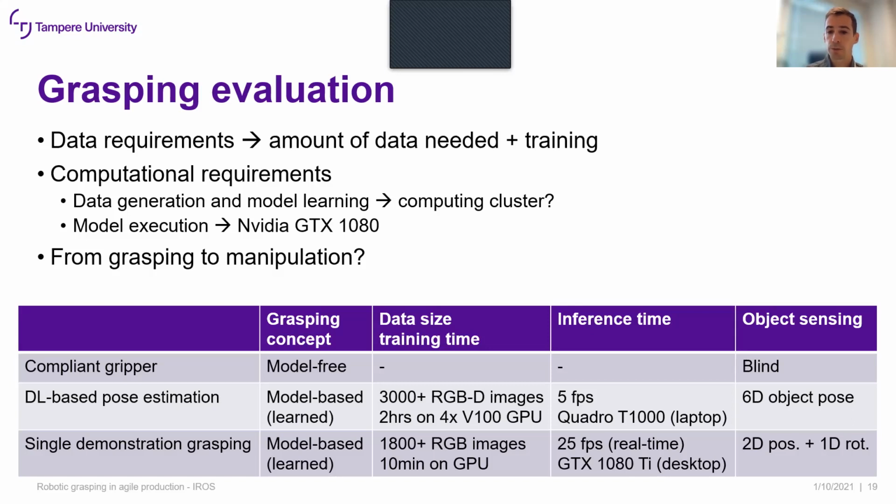This meant that the model for grasping is rather large and heavy and could not run in real time. Our single demonstration grasper model is a bit lighter, so we only needed 10 minutes on a GPU for training, as we only use color images. This method produces a light model, which can run in real time on a standard GPU.